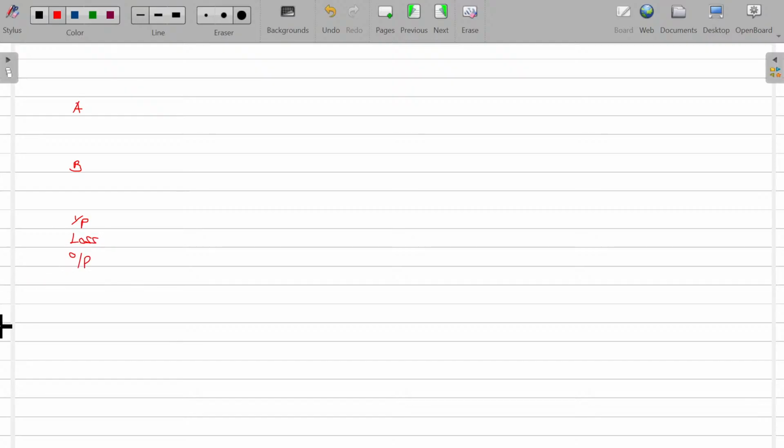That's how the structure is made. Standard quantity, standard price, standard cost, actual quantity, actual price, actual cost. And don't forget to introduce one more column for RSQ.